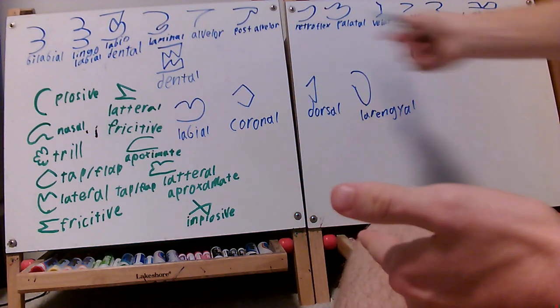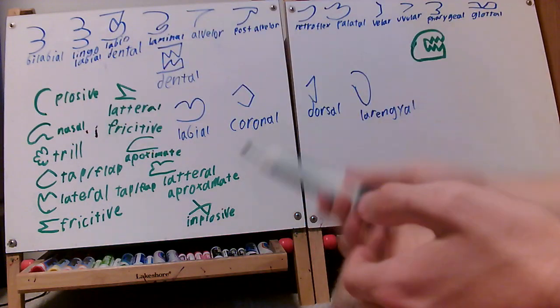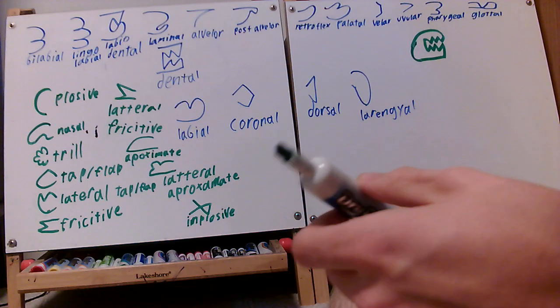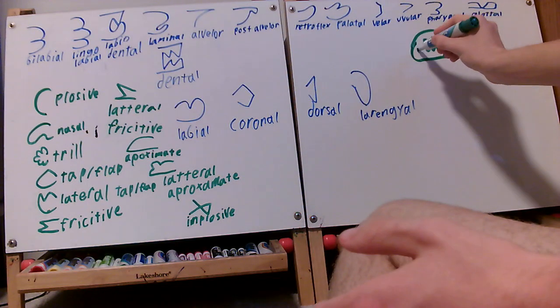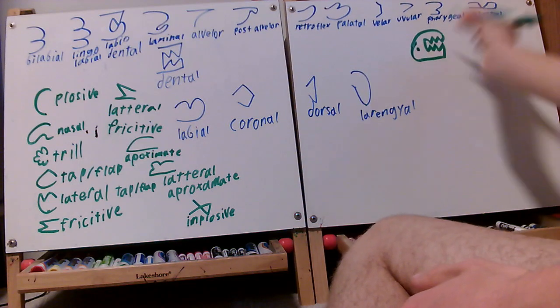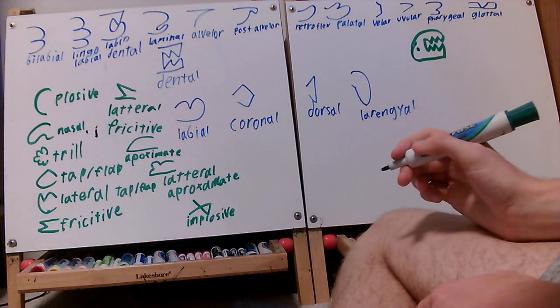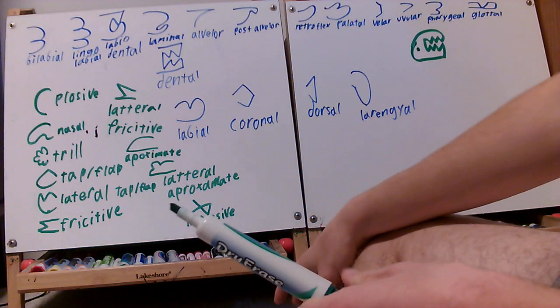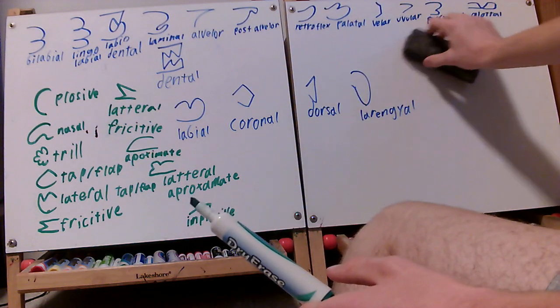It's the dental, and then the plosive. It's voiceless right now. To make things voiced, you put a little dot in them. That is our voicing dot. That's just how I made my thing.